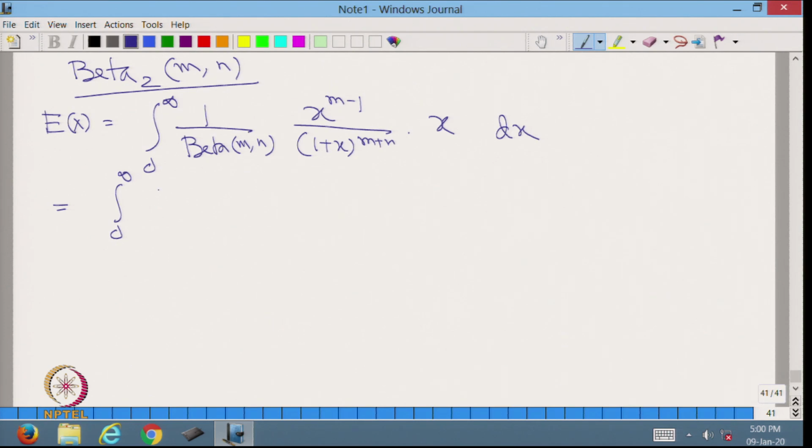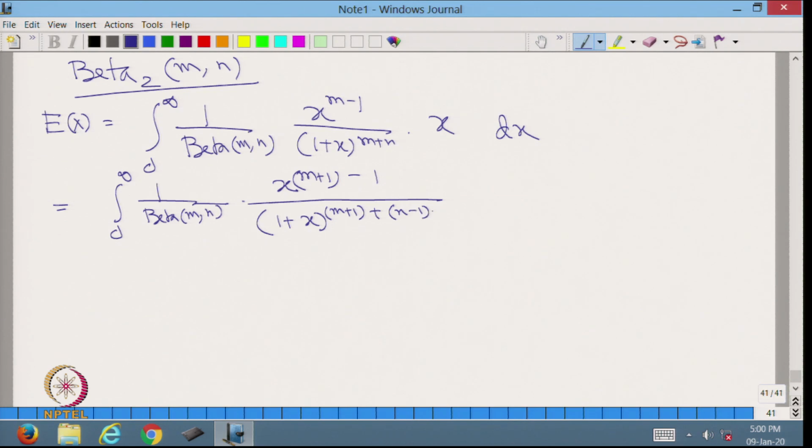integral 0 to infinity 1 upon beta m n multiplied by x to the power m plus 1 minus 1 upon 1 plus x to the power m plus 1 plus n minus 1 dx.